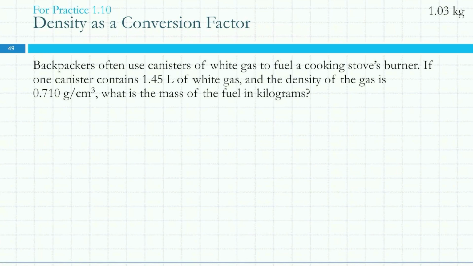All right, so what are we starting with in this problem? Oh, yeah. So we want to go from 1.54 liters. That's the number that we're going to start with, the number of the units. And then what are we trying to get to?